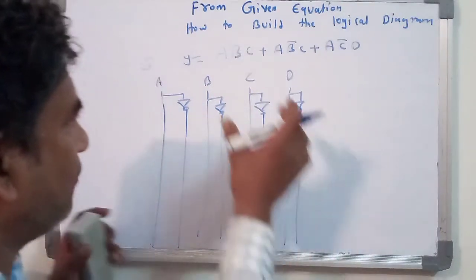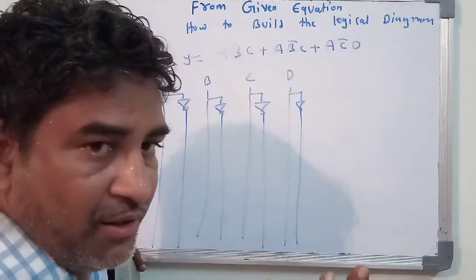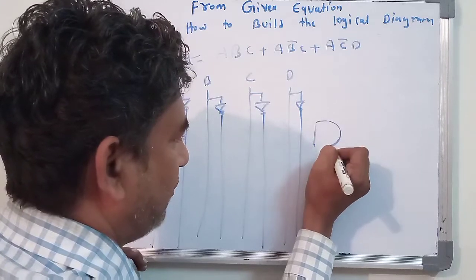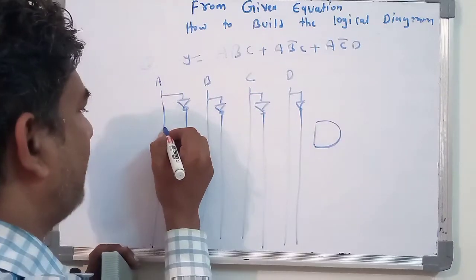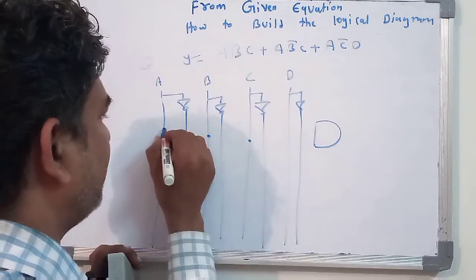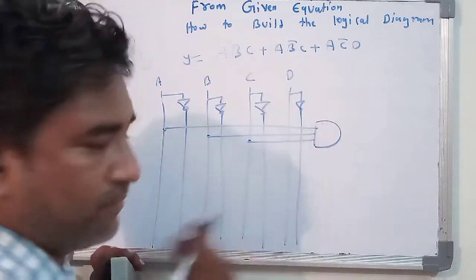Okay, so now what is the thing? ABC. ABC is nothing but an AND gate. The first AND gate you have to draw, and you have to observe the A line, B line and the C line. You just connect the inputs to these lines like this, ABC.